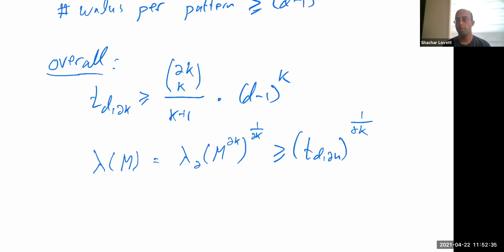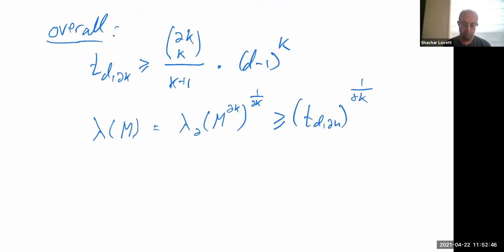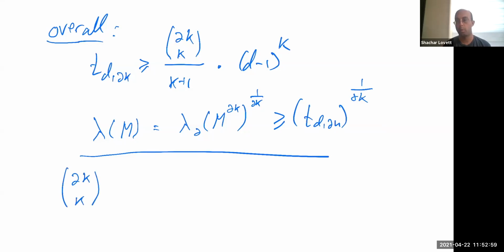So we've done all of our preparatory work. We got all the calculations, all the formulas done. Now we just have to plug in the values and hope for the best. So let's do that. First, let's get some simple lower bounds. That's going to be our last step in the proof. What is 2k choose k? By Stirling's approximation, this is roughly 2 to the power 2k.